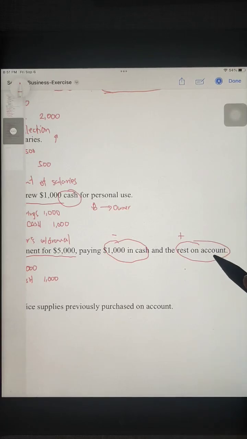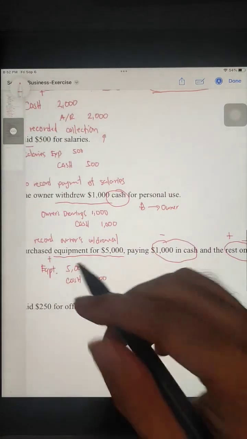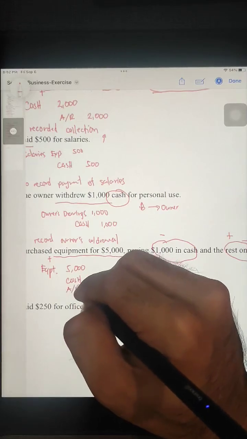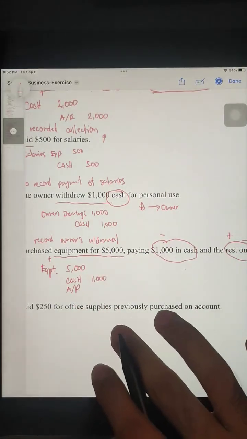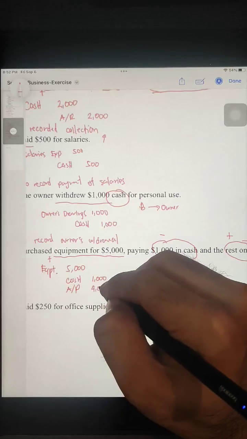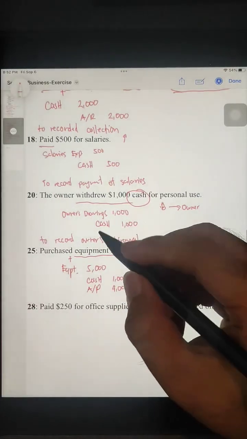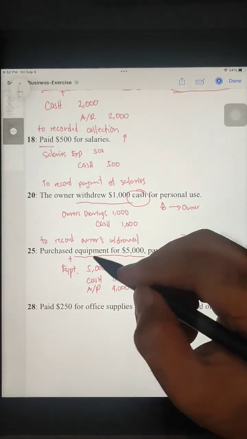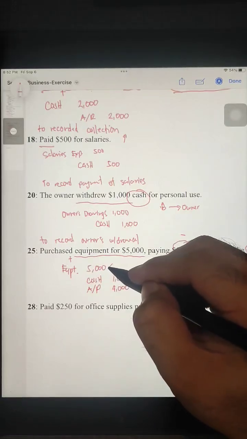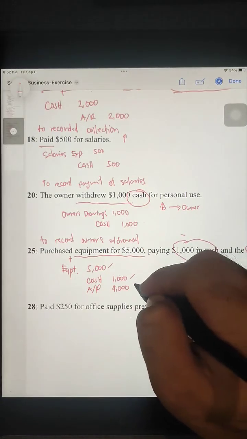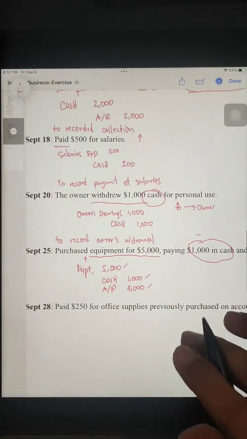Since it is a liability, it demands a credit. Accounts payable, 4,000. So, if you notice, the company received equipment amounting to 5,000. Nabawasan yung cash and then nadagdagan yung liability.